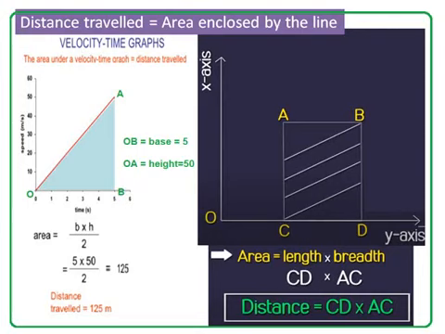So the area of the rectangle is given by the formula length into breadth. The length is given by CD and the breadth is given by the height AC. So choose the values from the graph, find the value of the length and the breadth, and when you multiply the length with the breadth, it will give you the area enclosed by the body.